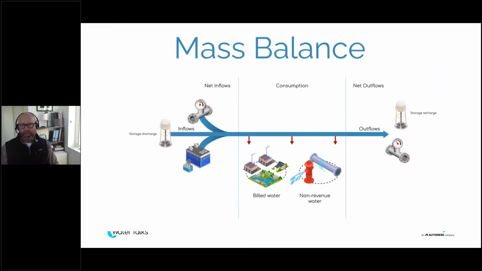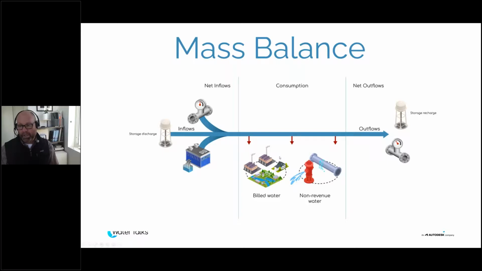How the mass balance tool works, and really how the ILI works too, is based on your system zone configuration. We track your net inflows, we track your storage ups and downs. Of course, we bring in any groundwater that may be pumped specifically within this zone.